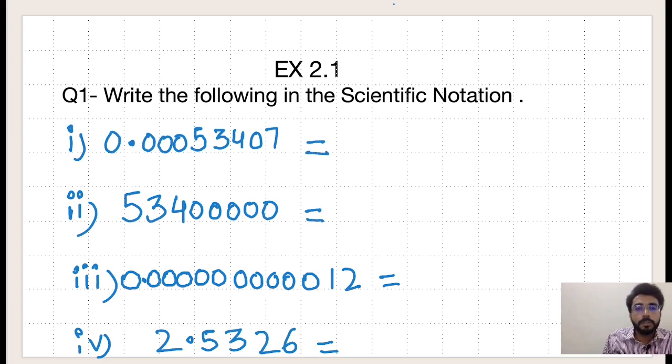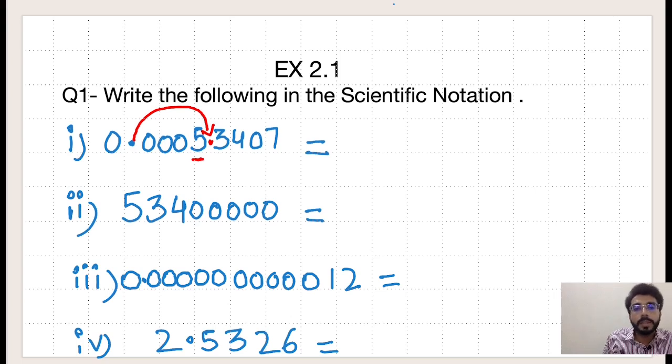First of all, we convert the first part, 0.005347. We have to move this decimal point to after 5. The rule is that we write the decimal point after the first non-zero number from the left side.